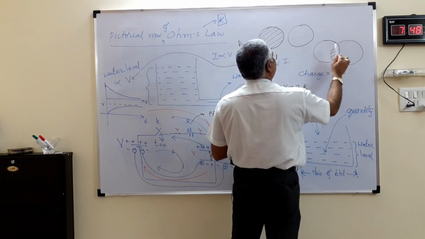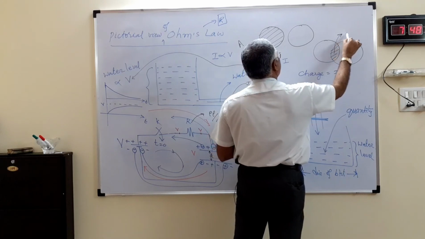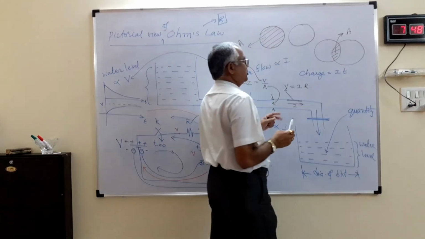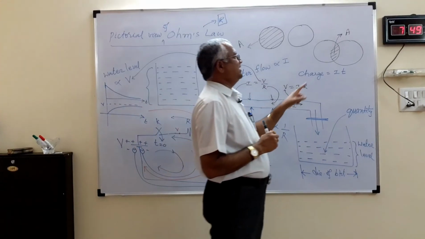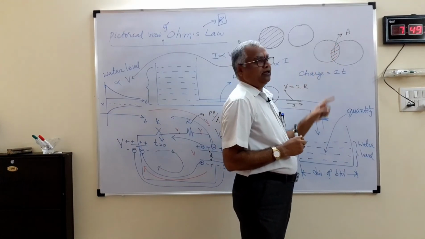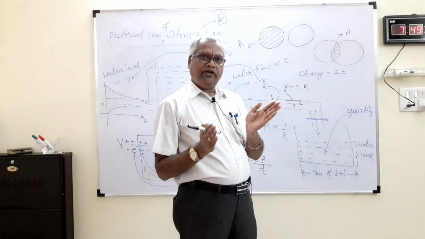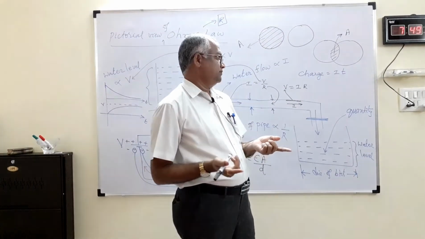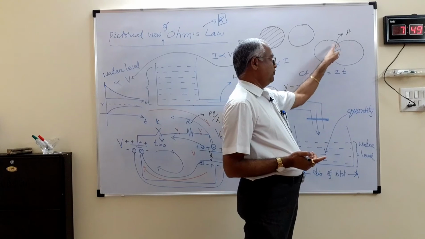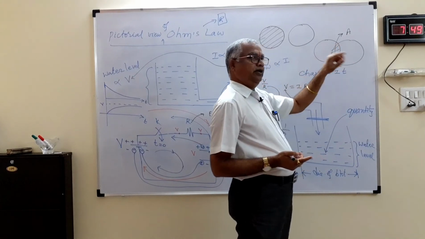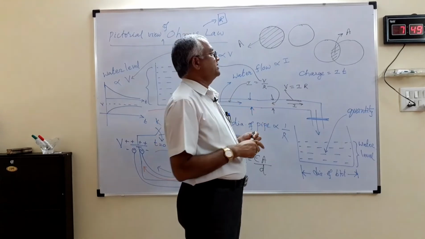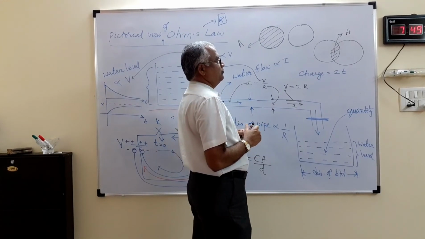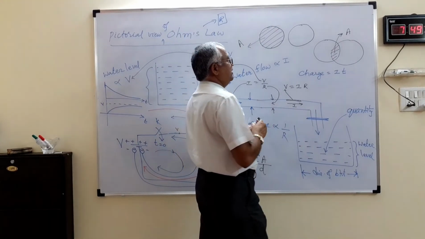When I am marking this portion as A, again there are two ways of understanding. One way is overlapping plate area, or area between overlapping plates? Which one is correct? It is overlapping plate area.